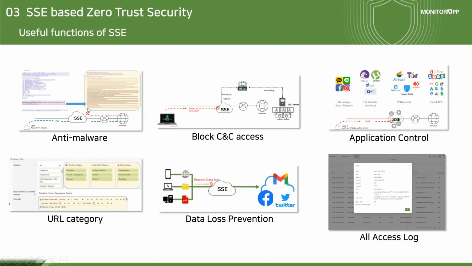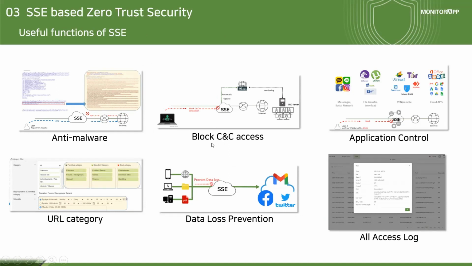Since the SSE platform can intercept all of the inbound and outbound traffic, if the download traffic contains any malicious code, such as JavaScript or something like that, the SSE platform can block the malicious content like this.